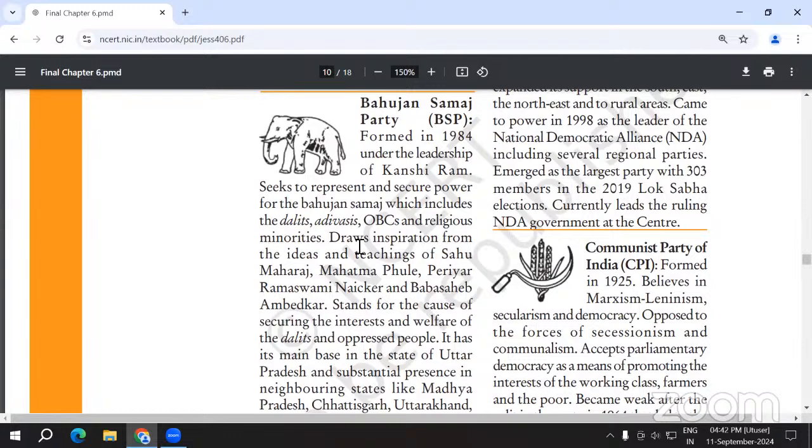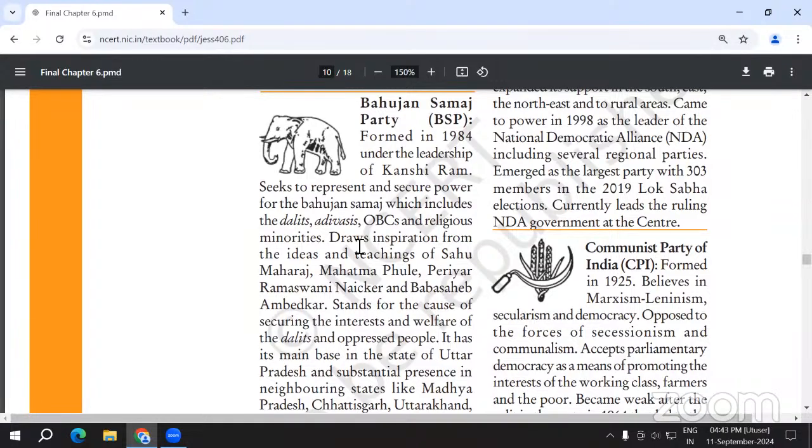And for what purpose was it founded? Seek to represent and secure power for Bahujan Samaj. So what was the intention? Seek to represent and secure power for Bahujan Samaj.